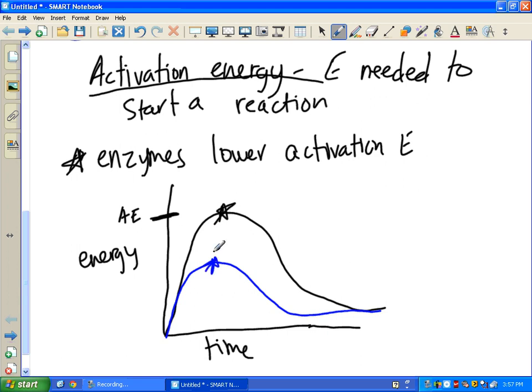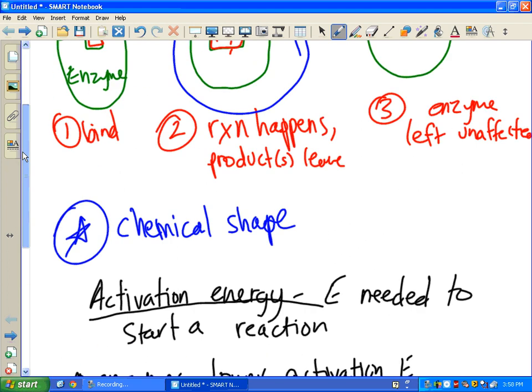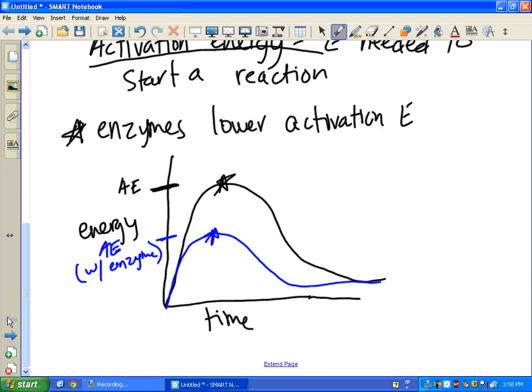So instead of being all the way up here, now the activation energy with an enzyme is lower. So the reaction happens much quicker because of that. Two main things. That's it.